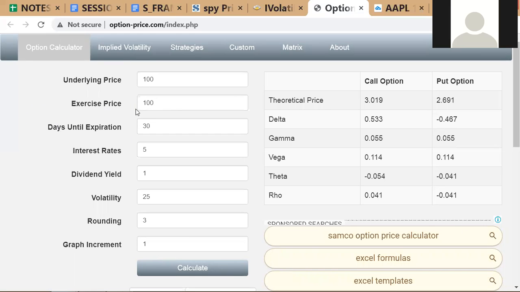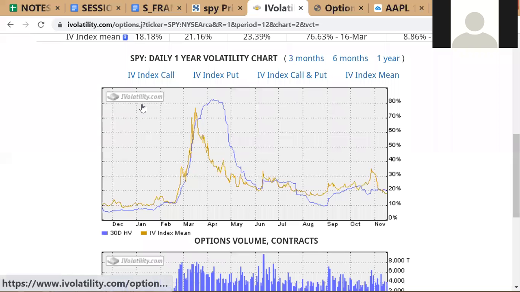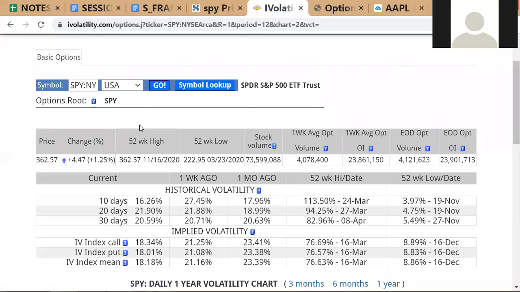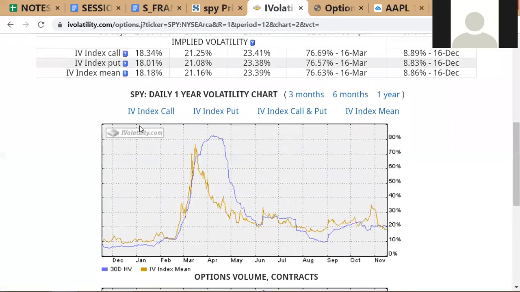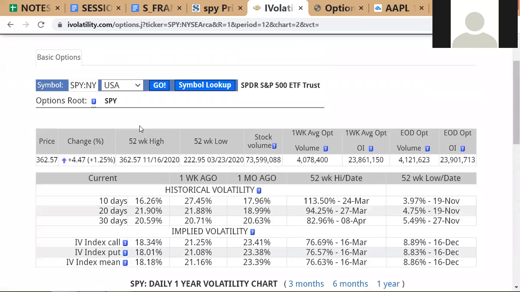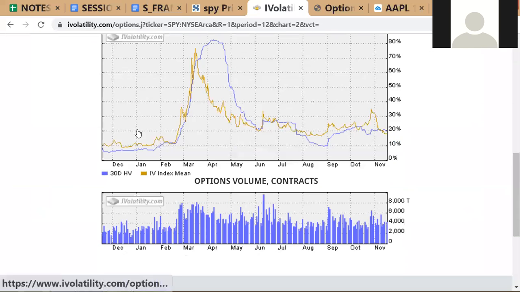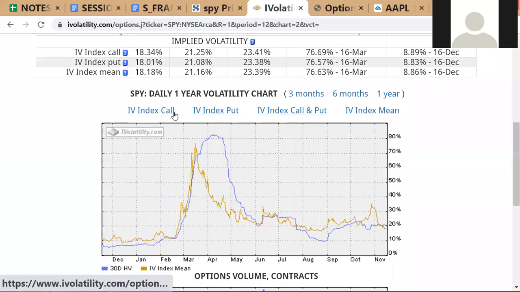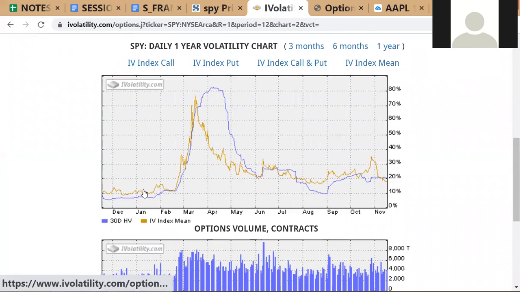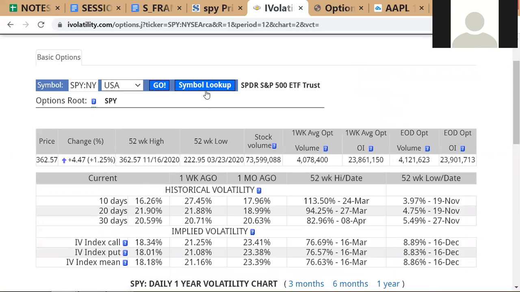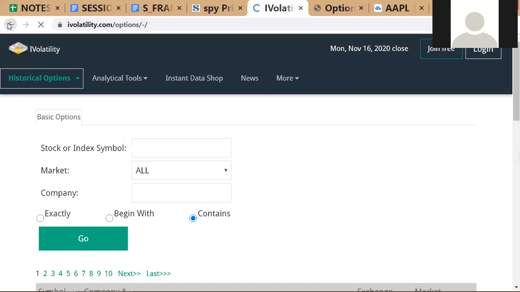And of course, once you zero in on a particular option, like say for instance in the case of SPY, you have some option prices maybe here. So we don't need symbol lookup actually.